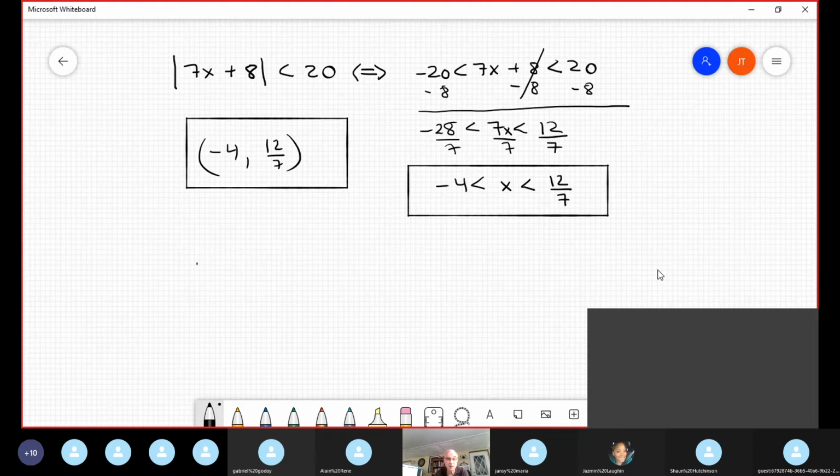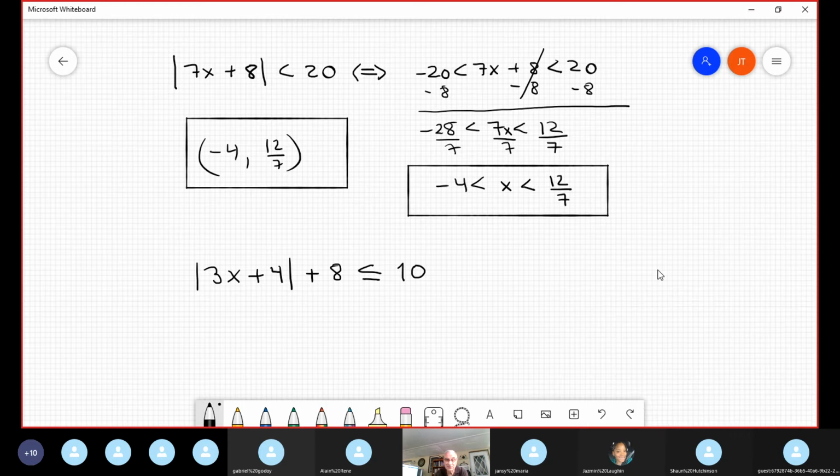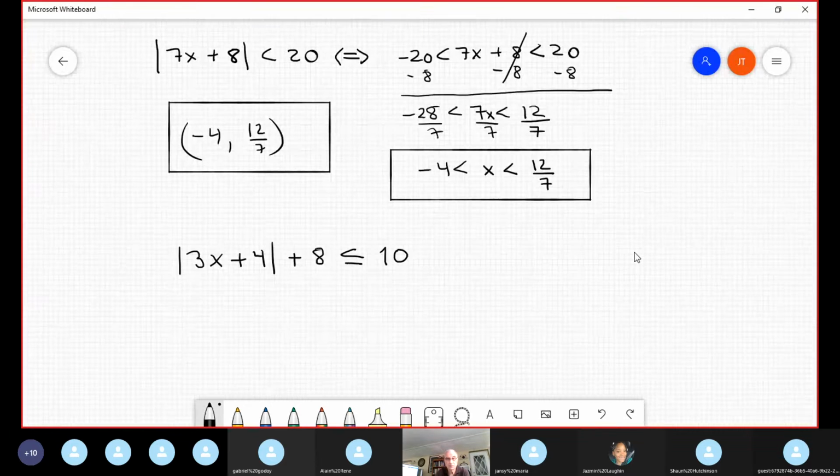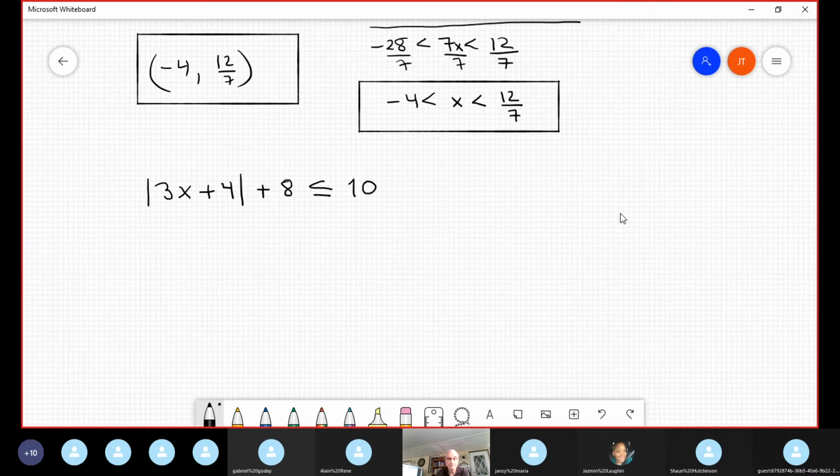Let me create one for you. Absolute value of 3x plus 4, plus 8, less than or equal to 10. Suppose this. So what is the strategy? What is the procedure? What is the technique for solving this inequality? Always isolate the absolute value. Like move 8 to the right-hand side, no? Okay, get 2.